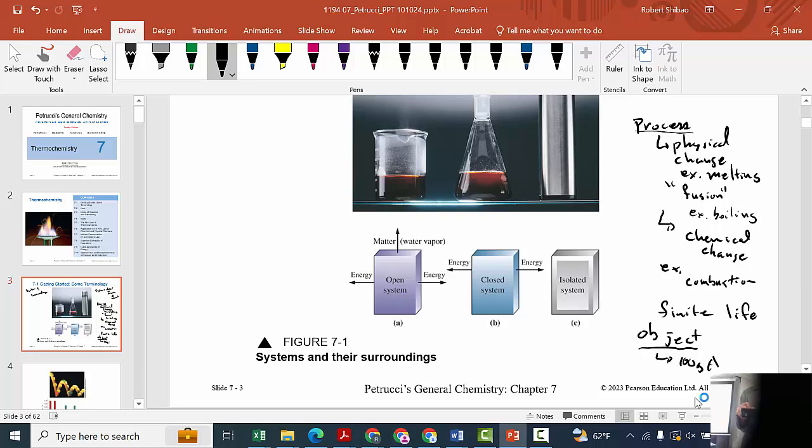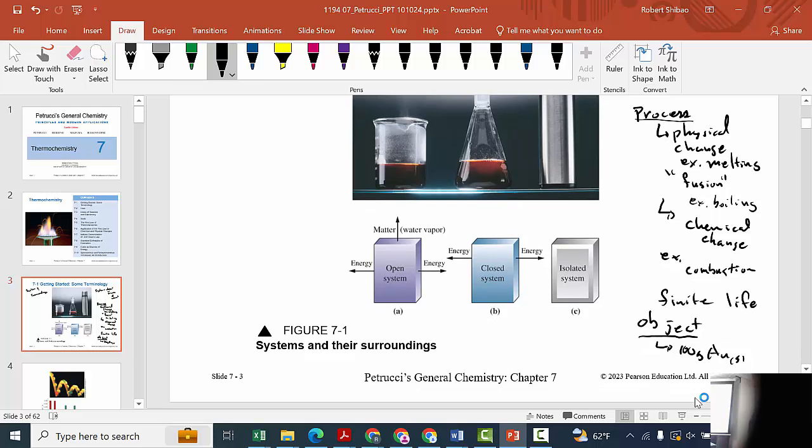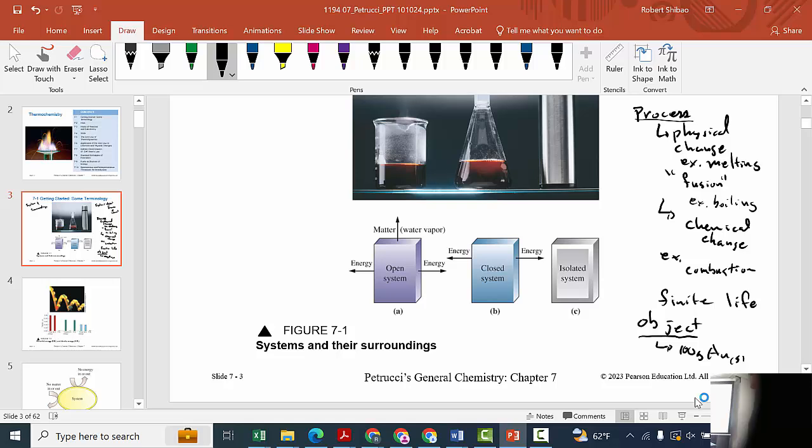So if we had 100 grams of gold solid, we don't want to do anything to destroy that. So let's say I had 100 grams of gold solid at 300 degrees Celsius. That's my system.